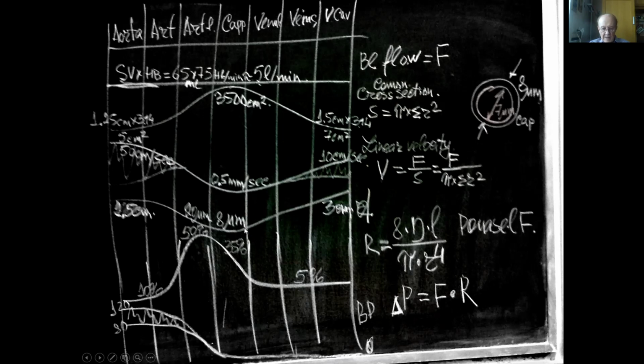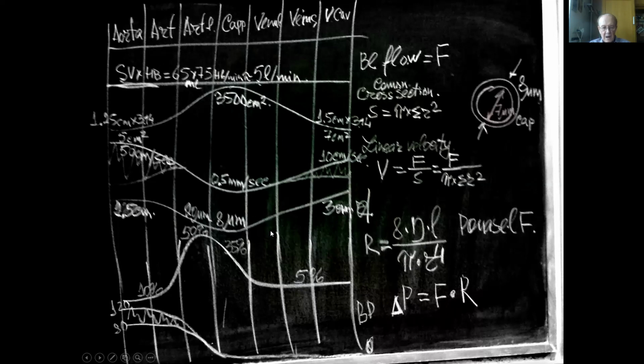The next parameter, this is the diameter. This is the 2.5 centimeters, 2.5 centimeters, and this is the 3 centimeters. The radius is a half of this diameter. And this is the minimum diameter.